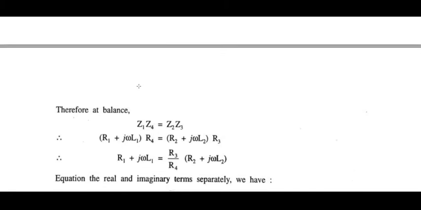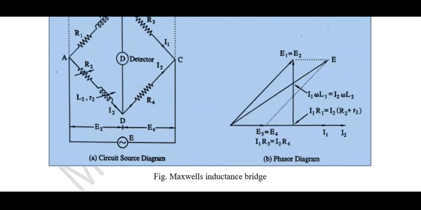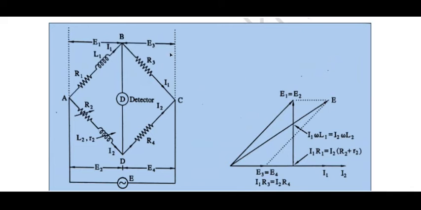Then the value of Z1 is written here as R1 into j omega L. You can see where Z1 is over here. Okay, this is your Z1.